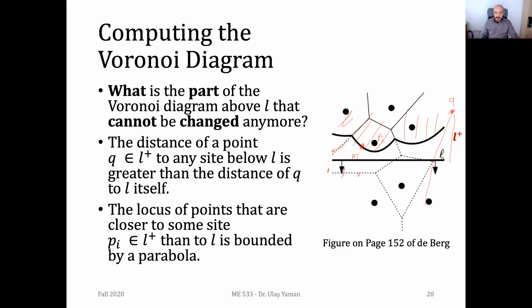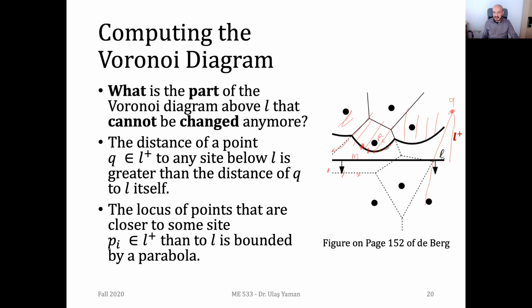So the locus of points that are closer to some site, these are actually the locus of points which are closer to Pi than their distance to L.